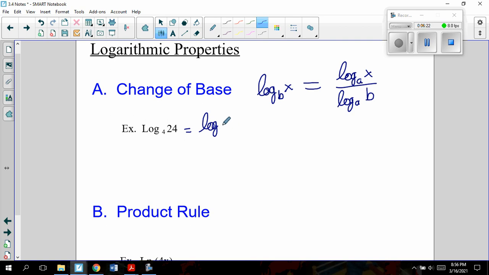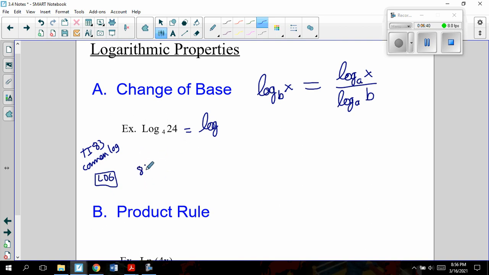We use this because on our calculator, if you have that TI-83, you only have a common log option, which is that key that says LOG. You only have that as an option. You don't have the change of base with the newer model.